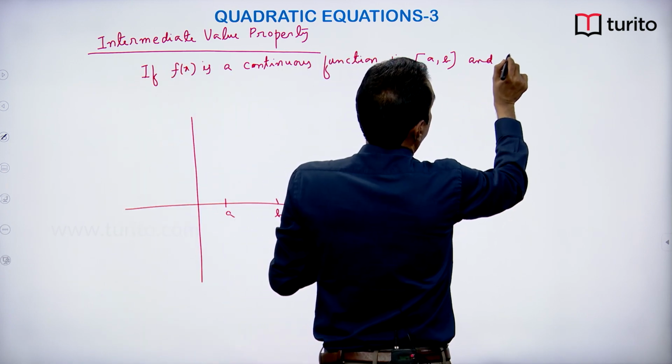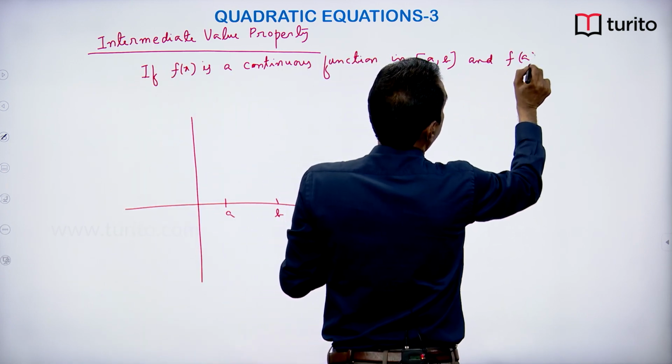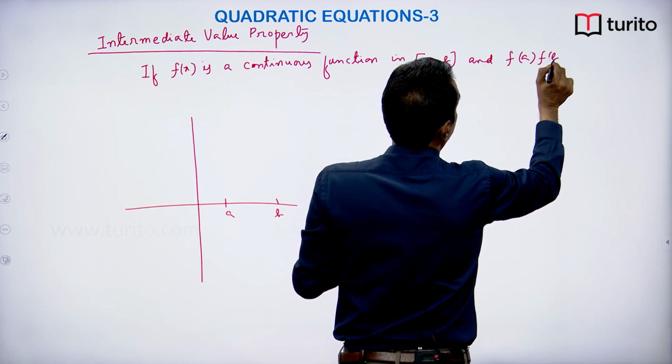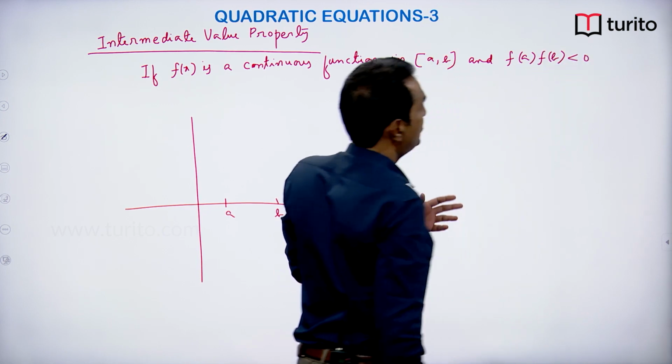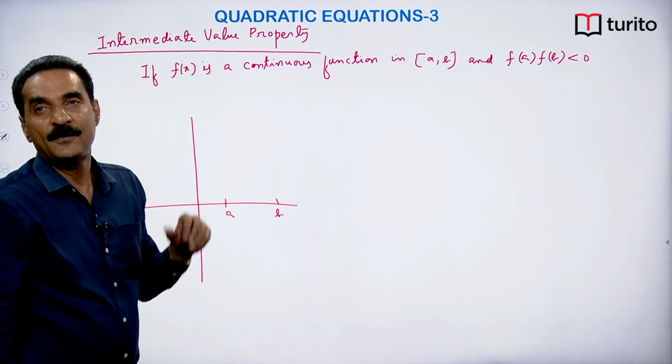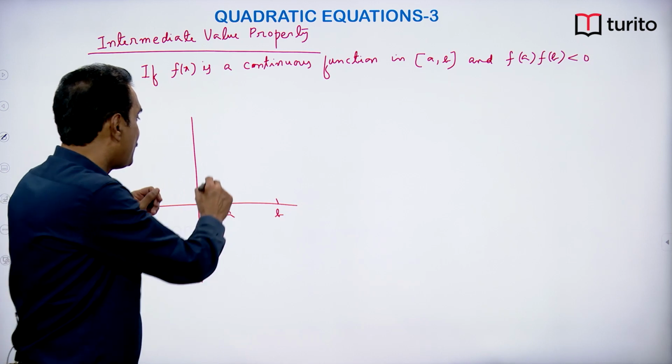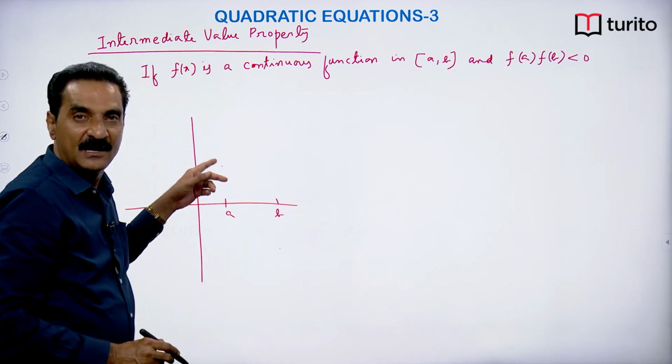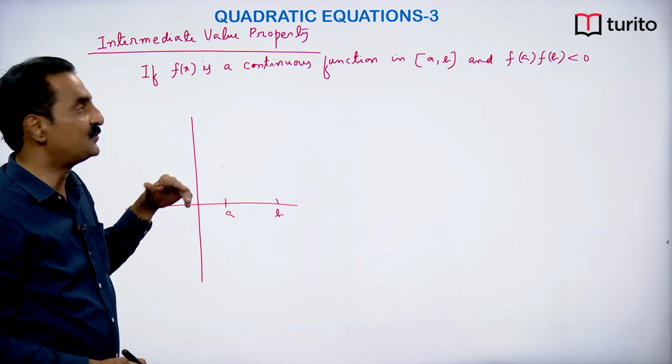And f of a into f of b is less than 0. F of a into f of b is less than 0 means what? F of a and f of b have opposite signs. If f of a is positive, f of b is negative. If f of a is negative, f of b is positive.